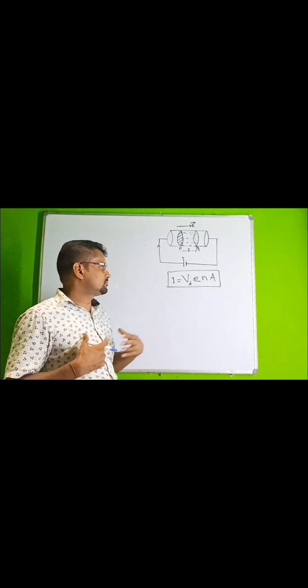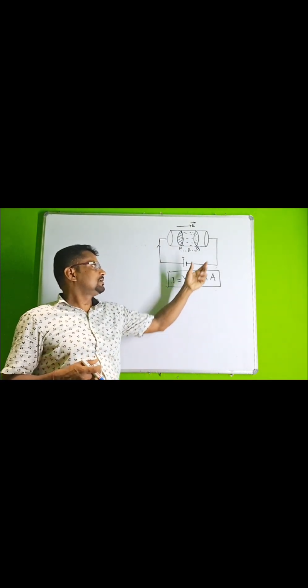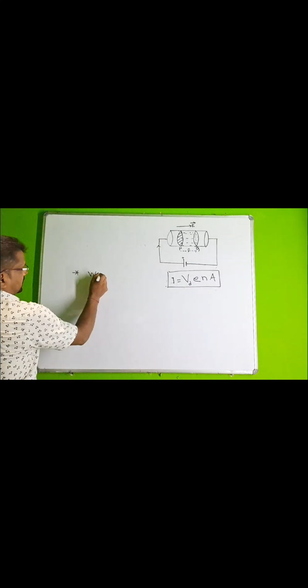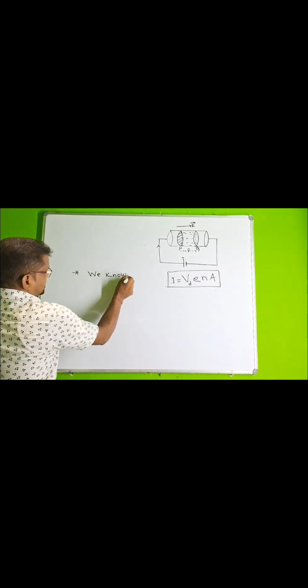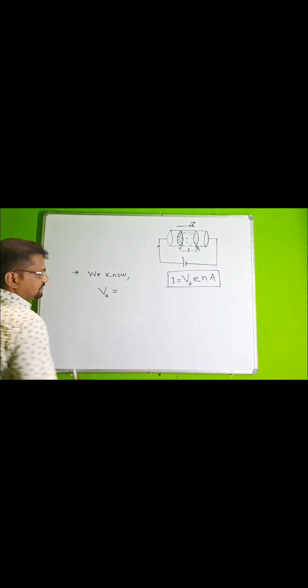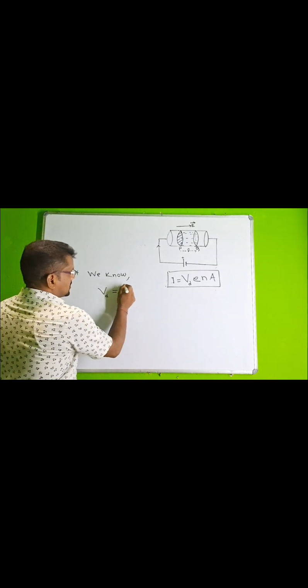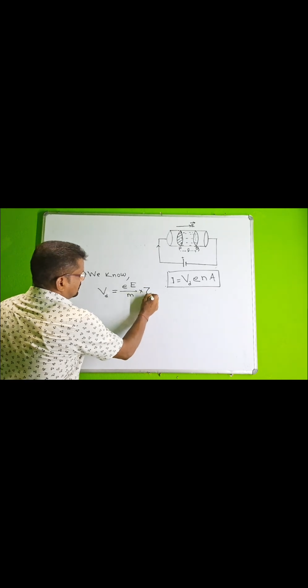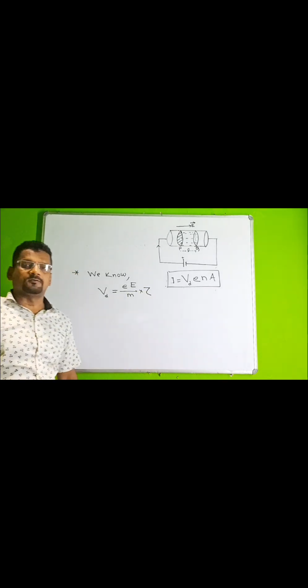Say, if I want to know the relation between current and electric field E. For this, we already established the drift velocity expression: v_d equals charge on electron, electric field divided by mass, into mean relaxation time tau.